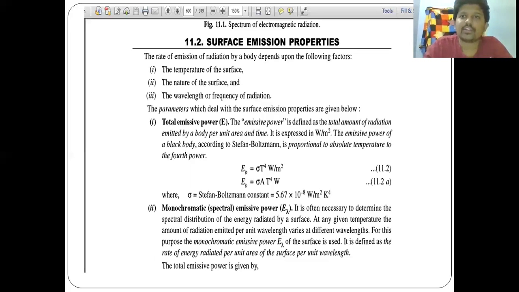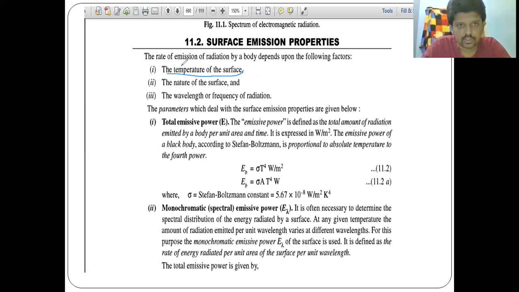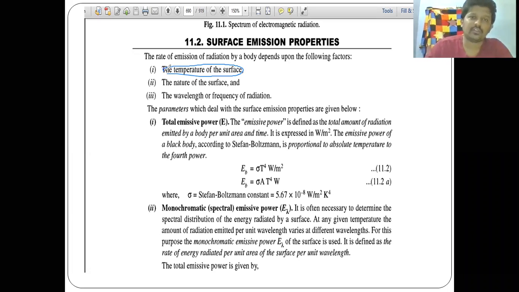On what factors does this surface emission usually depend? It depends upon the temperature of the surface. Usually, because we are talking about thermal radiation and heat transfer, temperature will be the key one. The nature of the surface, the physical property of the surface nature. The wavelength, the most important one, is the wavelength or frequency of radiation.